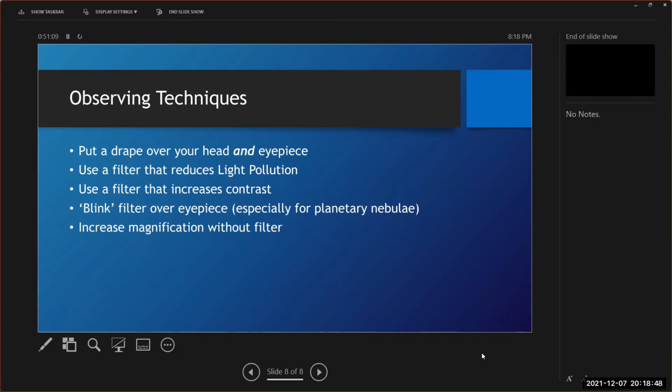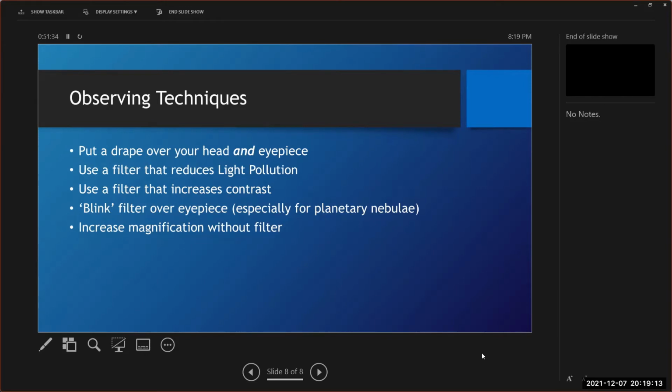If you don't own the filters, and I know this question is coming, you wonder which one you should invest in first. I think I would ask, what is it that you want to see? What kind of object appeals to you? Well, everything. I want to see everything. Okay. How big is your telescope? Well, it's 8 inches. It's 6 inches. Okay.